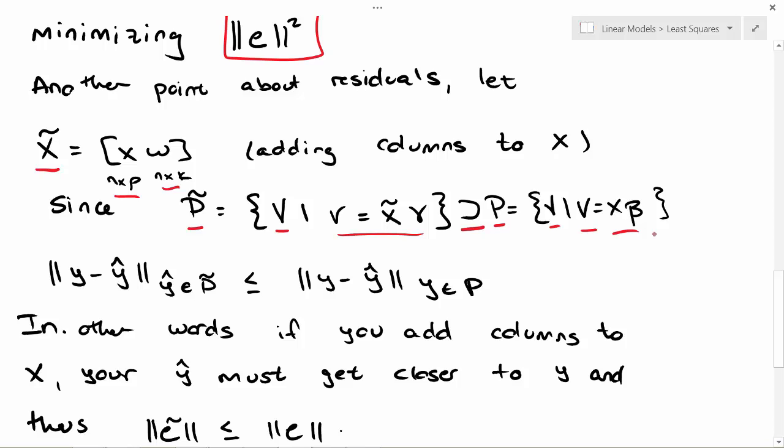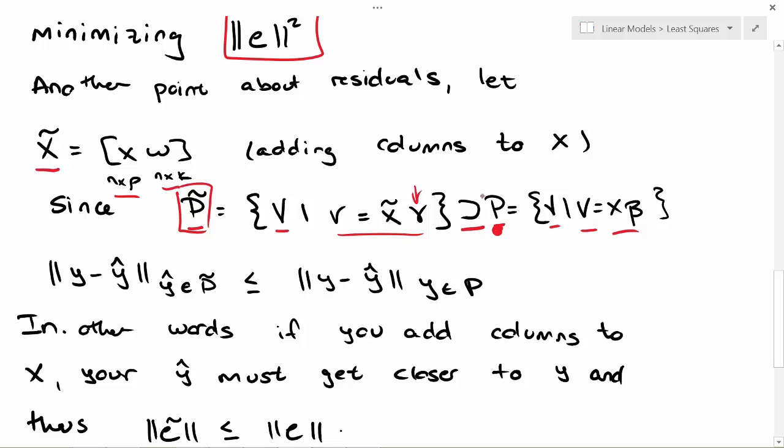Why? Because if we were to take the vectors gamma such that the latter k columns are all zeros, then we simply get this whole space P as a special case.